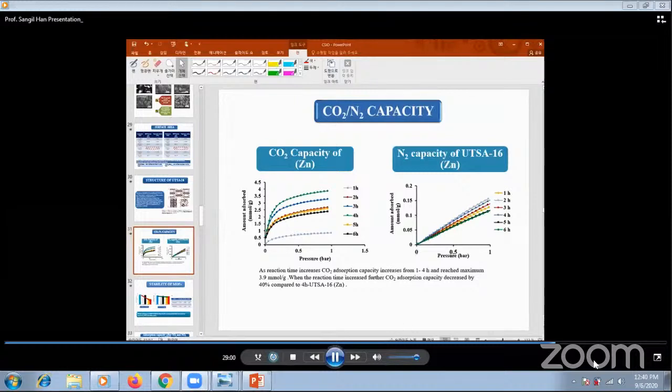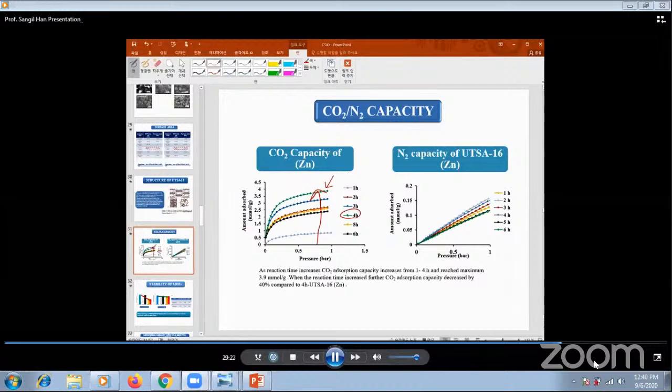This shows the CO2 and N2 capacity. As the reaction time increased, the CO2 adsorption capacity increased. At the green, 4 hours shows the maximum.